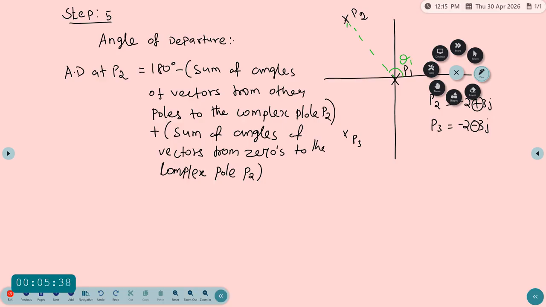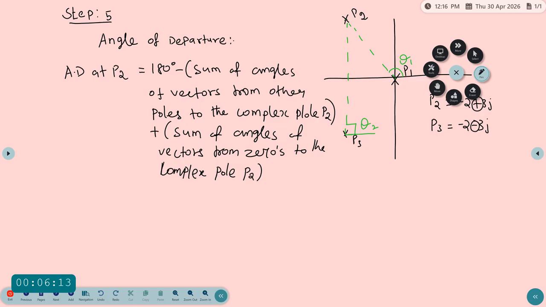Then similarly we connect P2 with P3, and this is the angle between P3 and P2, theta 2. So the second term is the sum of angles of vectors from other poles to P2. The first other pole is P1, and the angle is theta 1. The second other pole is P3, and the angle is theta 2.